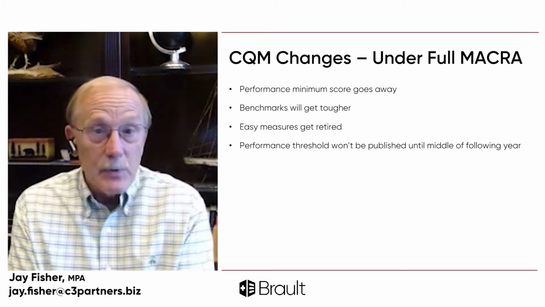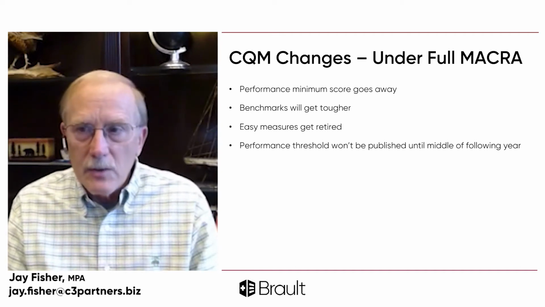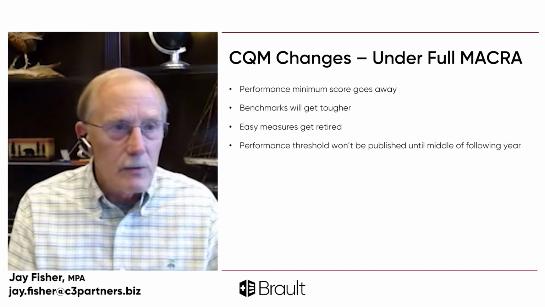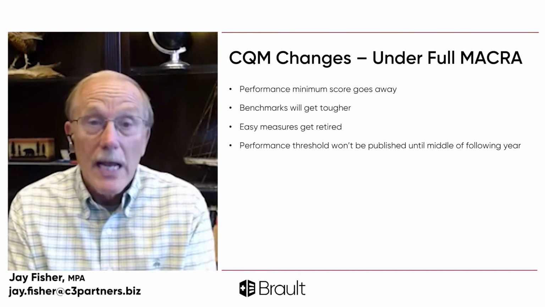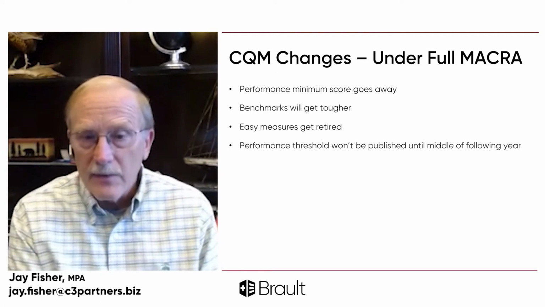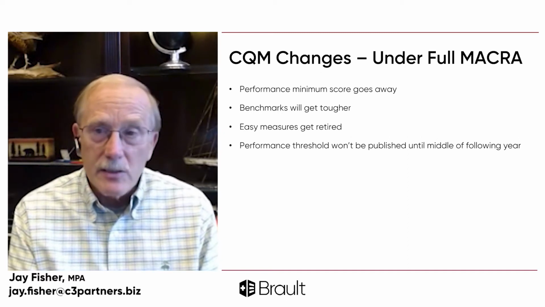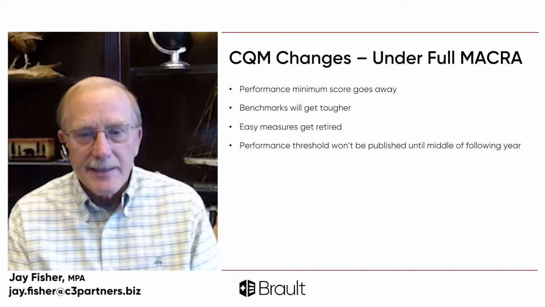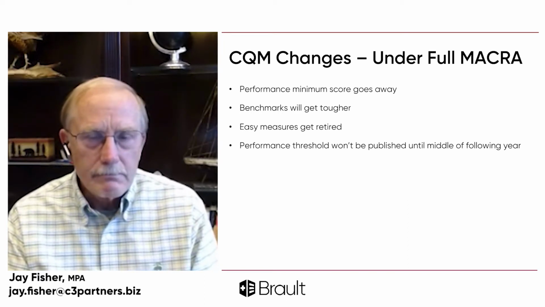Well, a performance rate of 90% might sound pretty good, but based on the way all providers in the country are scoring in a given year, if everybody's scoring 92 and better, your 90 is going to only get you maybe a 1 or 2 point score. And for sure, what we've seen in the last 3 or 4 years of the MACRA program is quality benchmarks do indeed become much more rigorous. So not only is it going to get harder to score based on the benchmarks, but the minimum score goes away. You can get a 0 or a 1 or a 2.